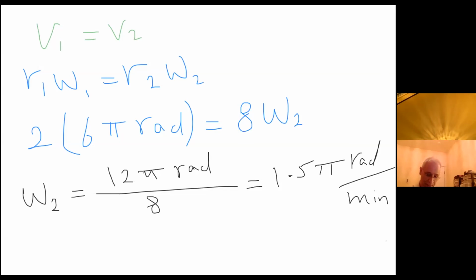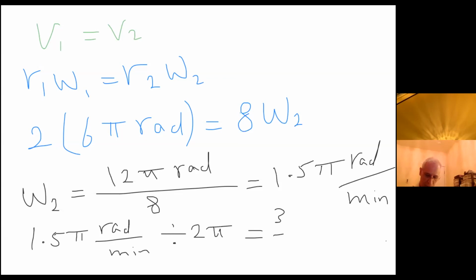So I'm going to say here that 1.5 pi radians per minute, I'm running out of room, divided by 2 pi, gives me 3/4 of a revolution per minute.